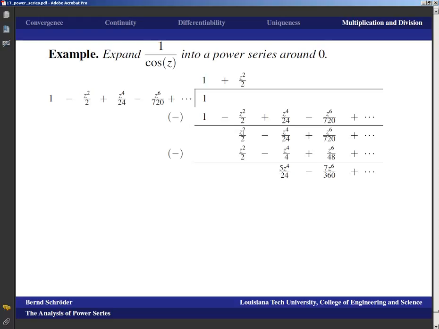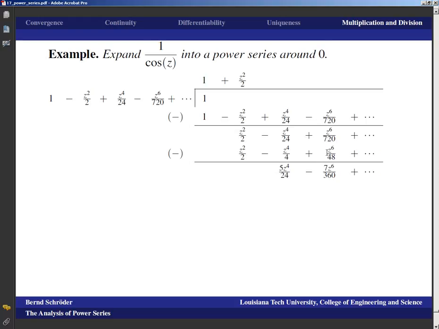Well, the big thing is the z squared over 2 goes away, and then we have, let's see, this thing here is 6 over 24, so we get minus minus plus. 6 over 24 minus 1 over 24 is 5 over 24 times the z to the 4th. And this one, oh my goodness, I think 48 times 10 is 480, and 48 times 5 is 240, and if you add that together you get 720.